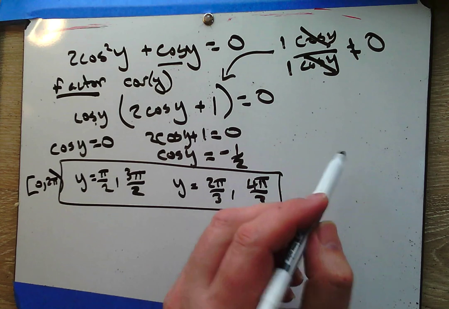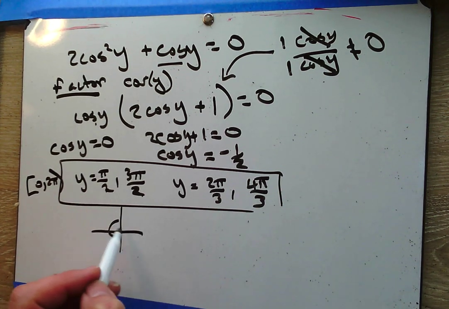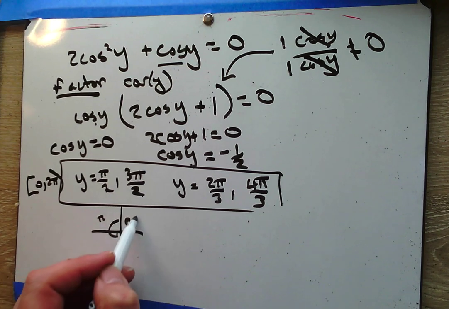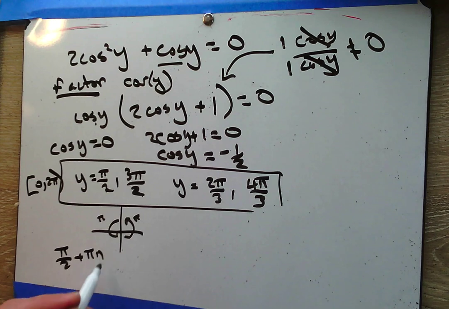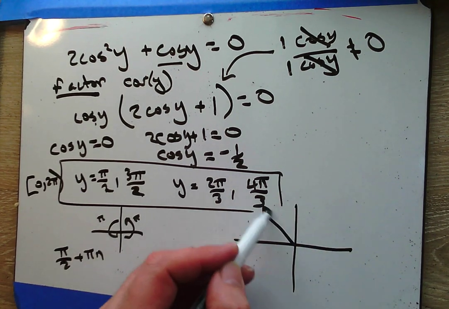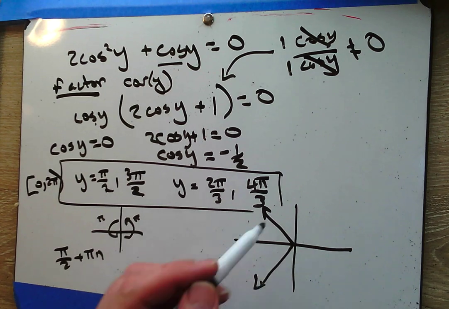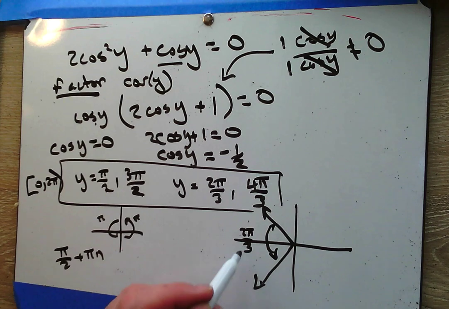And in the all solutions case, here I can see that these are pi apart from each other. So I can write pi over 2 plus pi n. But what about these? We've got 2 pi over 3, we've got 4 pi over 3. This distance is 2 pi over 3.